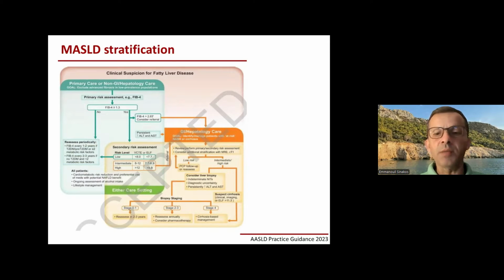So it's crucial to see what the fibrosis stage is, and this is the American Association for the Study of Liver Diseases practice guideline published last year, stating that the first thing to do for a non-specialist, for a cardiologist maybe, for a primary care physician, for a diabetologist, is to use non-interventional simple serological panels like FIB4, as you can see in this slide, that can distinguish between patients at risk and patients without risk that can simply be followed in the non-specialty outpatient clinic.